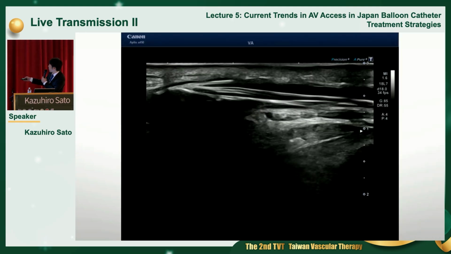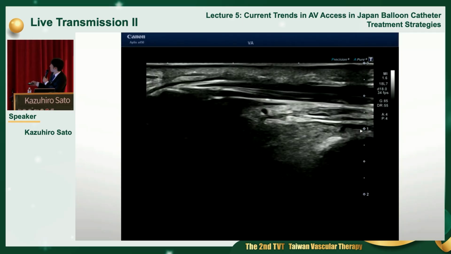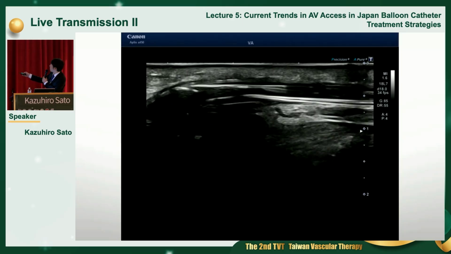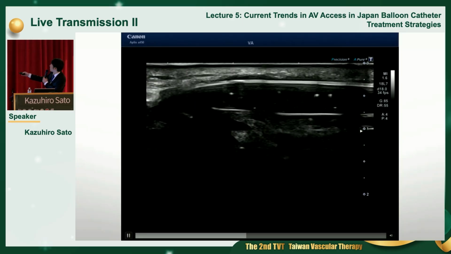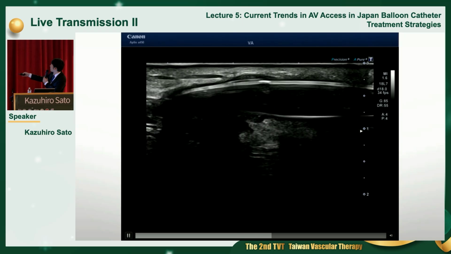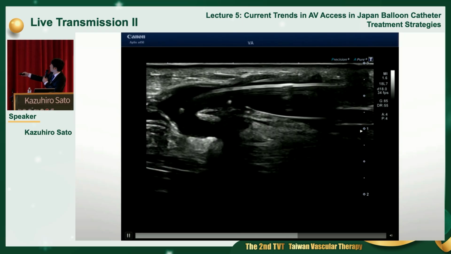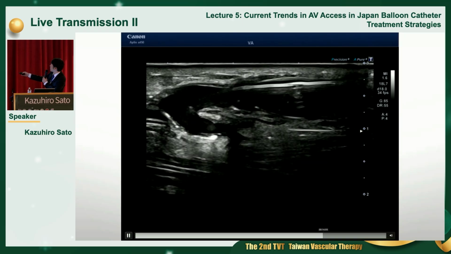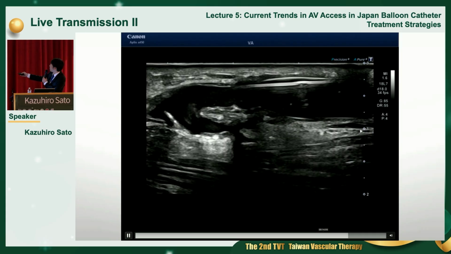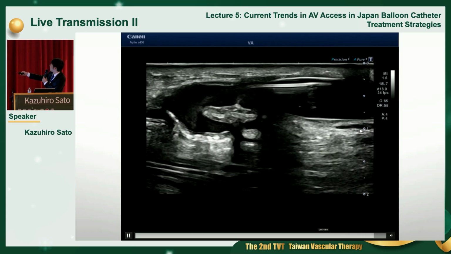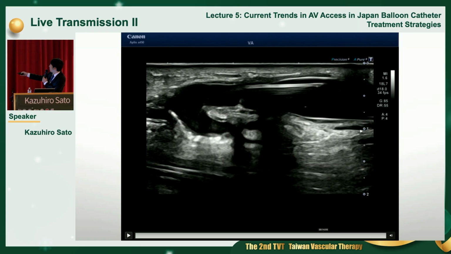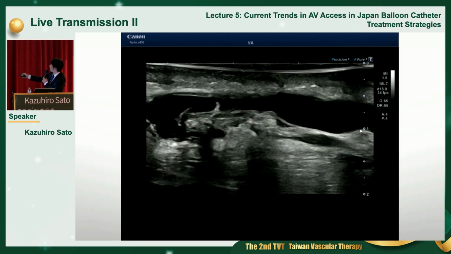And this is a real case. I'm using a Mustang this time, and the case has a stenosis near the anastomosis, but it slips like this. So the stenosis didn't dilate well.